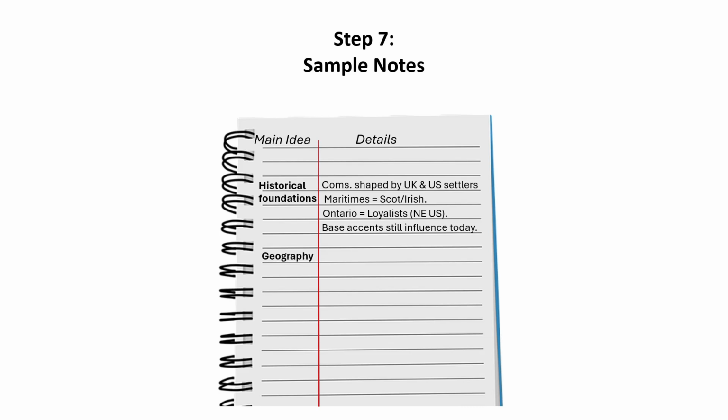Canada is vast, and until the 20th century, travel between regions was slow and difficult. Communities developed their own speech habits, and these habits were passed down through generations. Another factor is social identity.